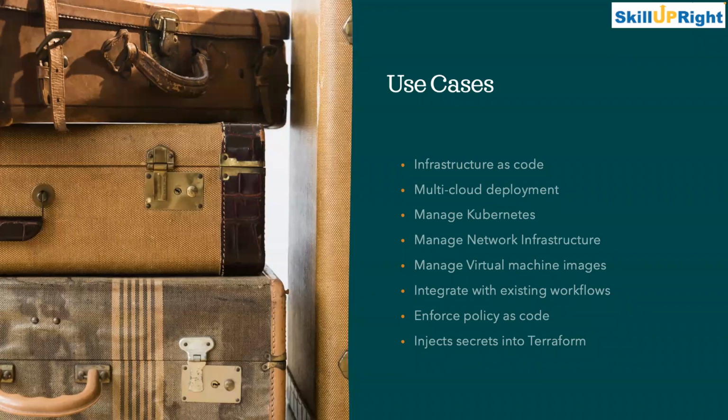Then inject secrets into Terraform. Let's say you want to access a certain S3 bucket, and there you need a secret. How do I utilize that secret? Terraform helps you inject secrets by using Vault.